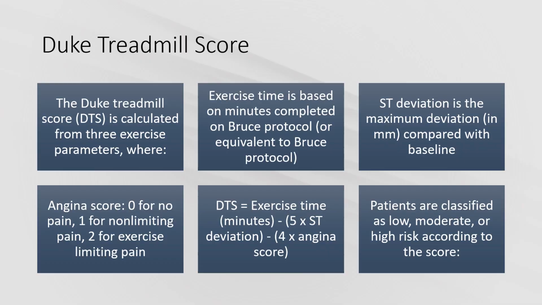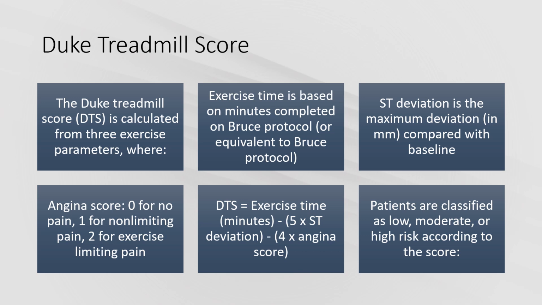When the patient is subjected to a standard Bruce protocol, calculating the Duke treadmill score is quite important. It involves measuring the total time that the patient exercises, the degree of ST segment depression in millimeters, and whether or not the patient had chest discomfort. The chest discomfort is subclassified into limiting or non-limiting chest discomfort.